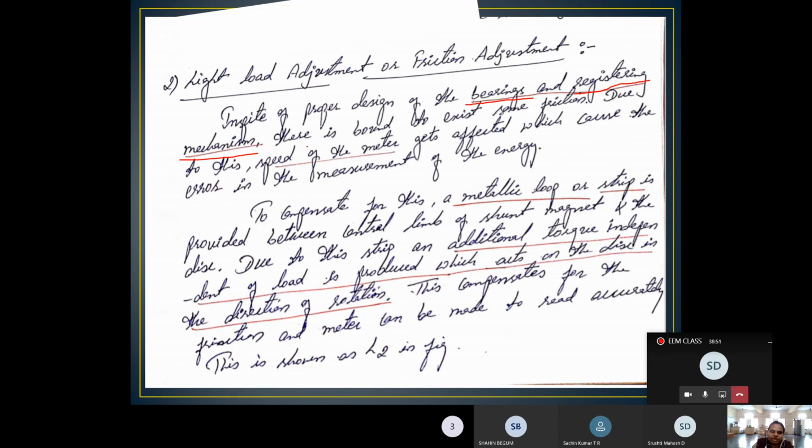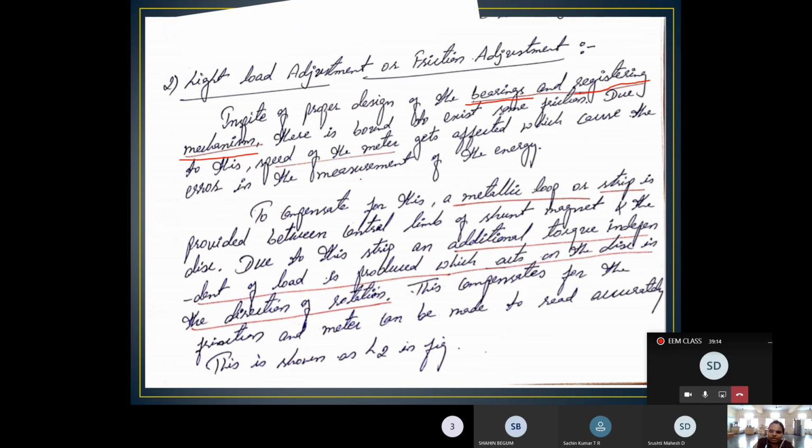Okay. Due to this, the speed of the meter gets affected. The disc will not rotate in a proper fashion. If it is tightly connected, or fully loose, it will not rotate properly. That is what we call the bearing. The speed of the meter gets affected, which causes an error in the measurement of energy.